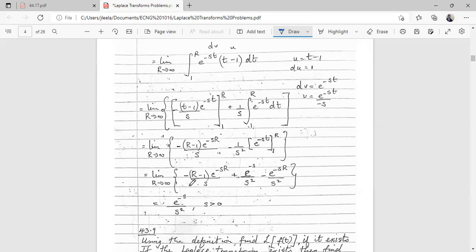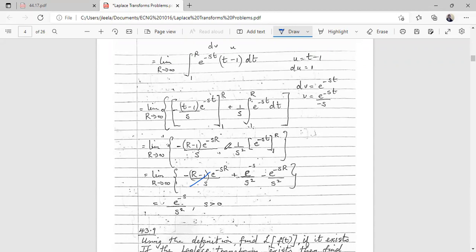This term here approaching 0, right? Now when you put r here, you'll get a minus e to the minus sr over s squared, that is this term here, right?